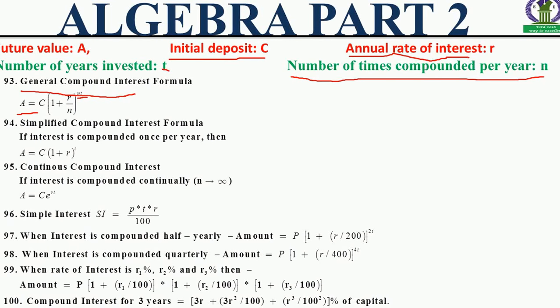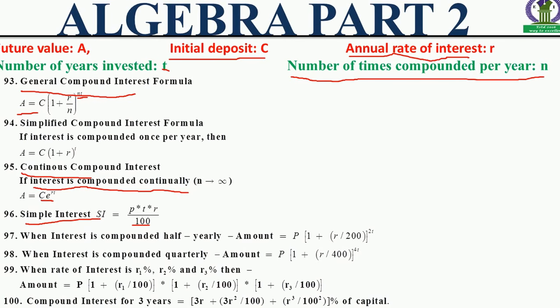If interest is compounded once per year, then we have A equals C times (1 plus R) to the power T. Continuous compound interest formula: if interest is compounded continually, n equals infinity, then we have A equals C e to the power R into T. Simple interest SI equals principal amount into time into annual rate of interest upon 100, that is PTR upon 100.